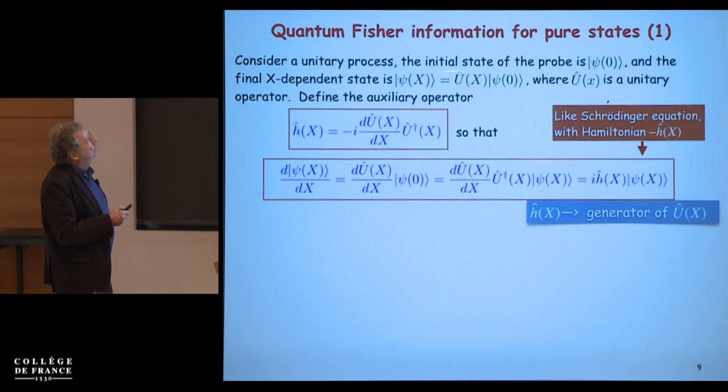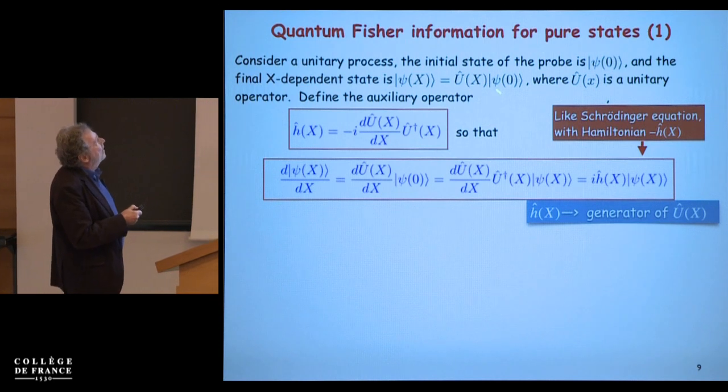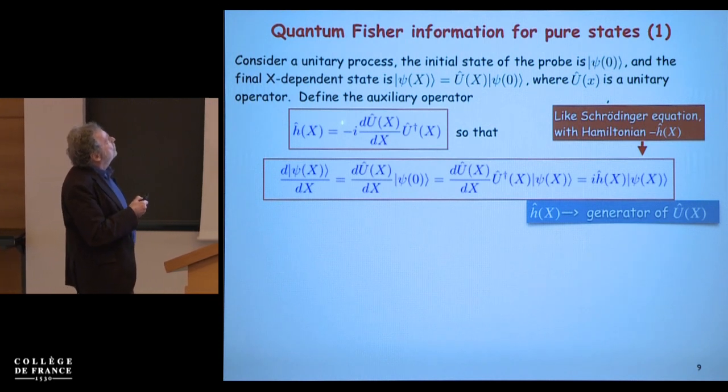So in order to do that, let's consider this evolution, if you want, of the state of the system, which depends on the parameter to be estimated. So that's the state of the probe, remember, that we use to estimate the value of the parameter. So E of x is a unitary operator. We also define this auxiliary operator here, which is a function of this unitary evolution.